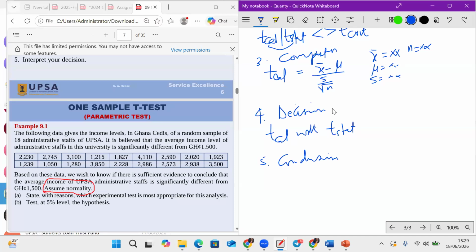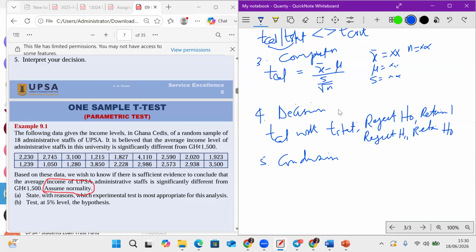Based on the T-cal, we will either reject H0 and retain H1, or reject H1 and retain H0. Are we good? Yes, sir.